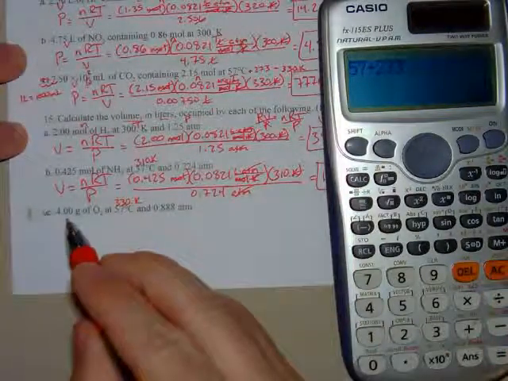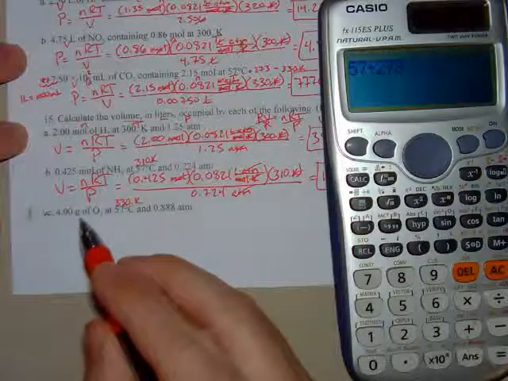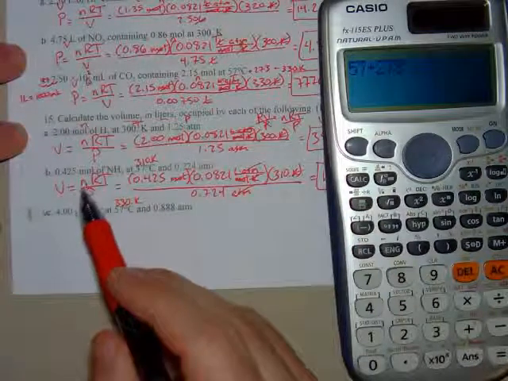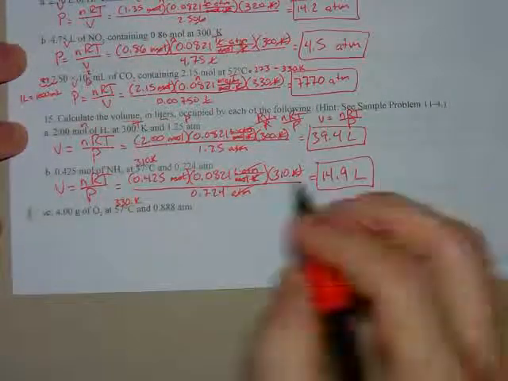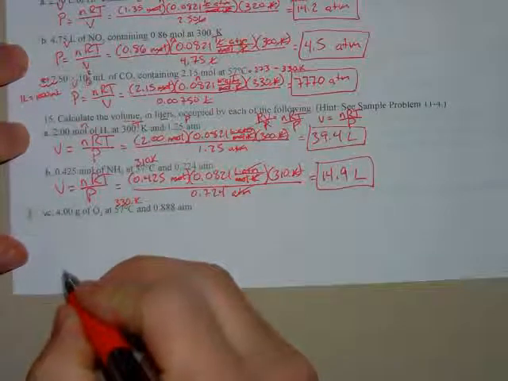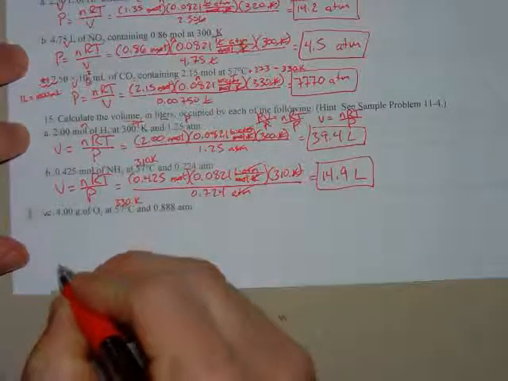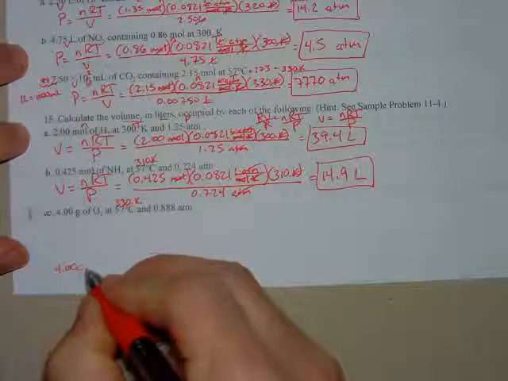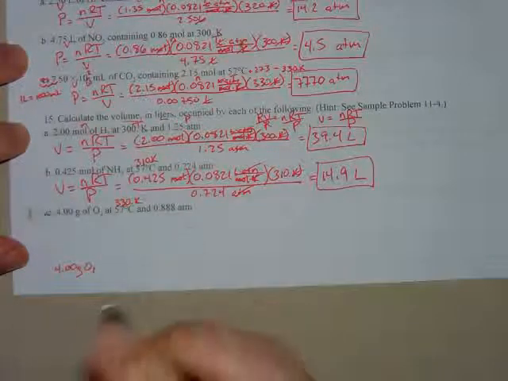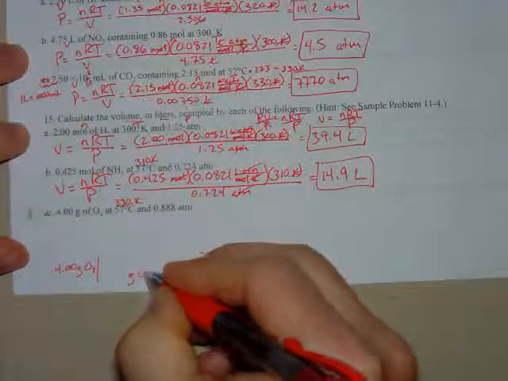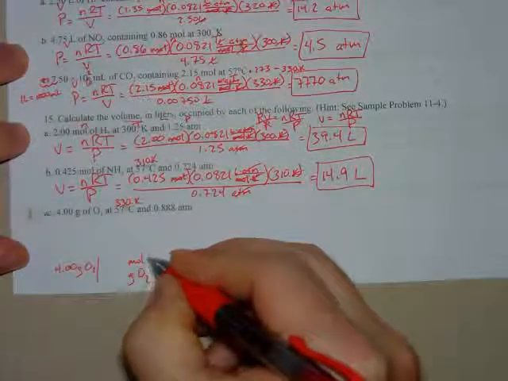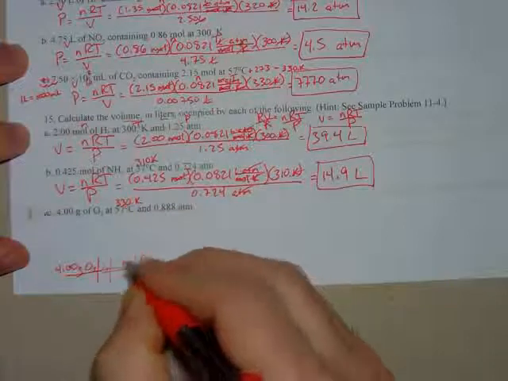But notice that I have 4 grams of O2, and for the ideal gas law I need moles, so I'm going to convert 4 grams of oxygen into moles of oxygen using a regular old-fashioned conversion factor, grams of O2 on the bottom and moles of O2 on the top.